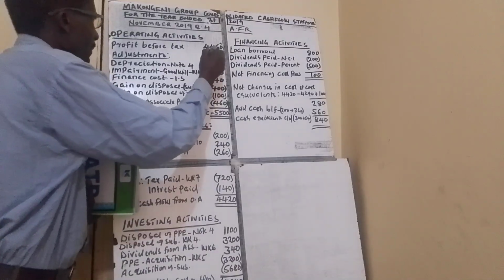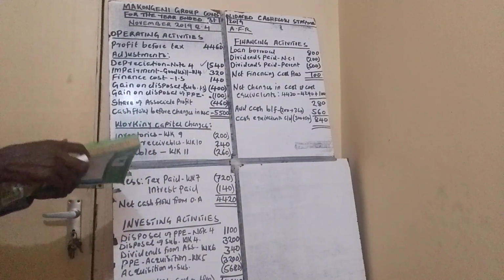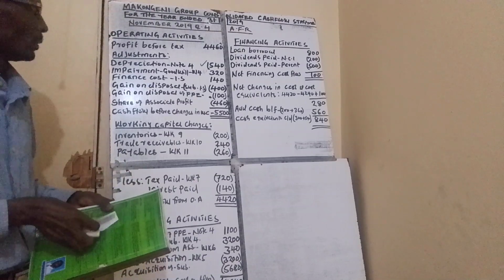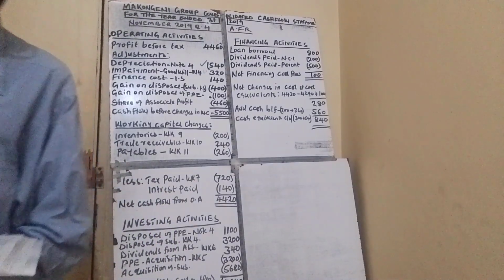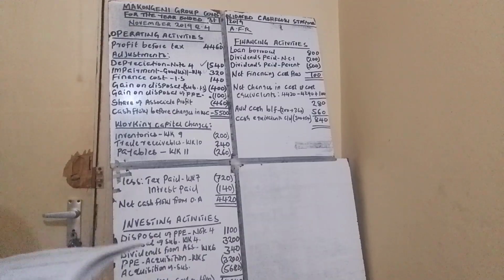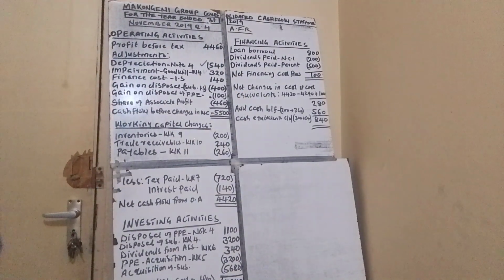Next, impairment. The next item you find is impairment of goodwill. Now look at working number 4. Working number 4 is where you find impairment of goodwill.